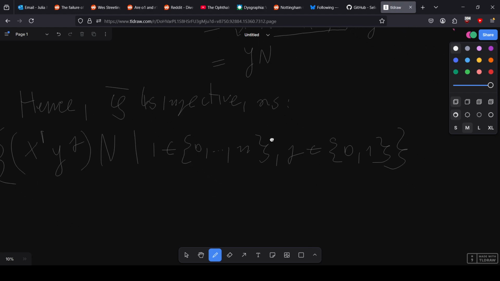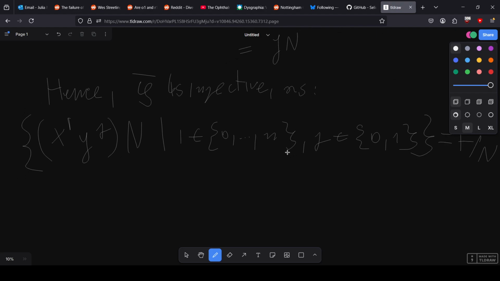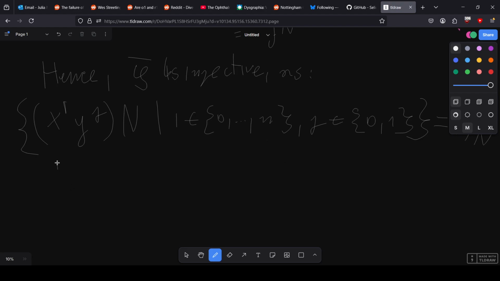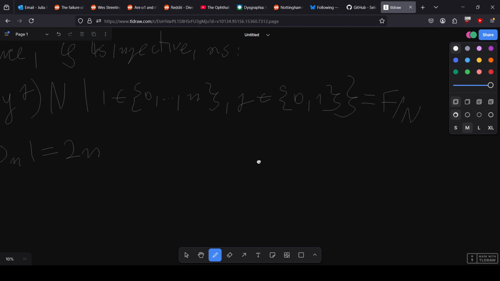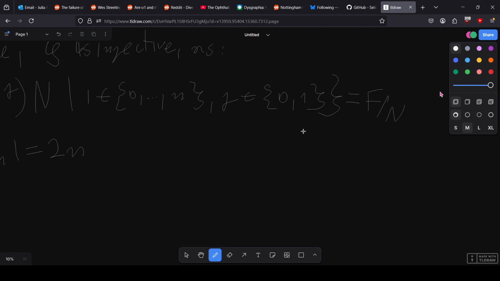Since we have a general form of elements of F quotient N, and the size of Dn is known to be 2n, notice that the size of F quotient N can also be up to 2n.